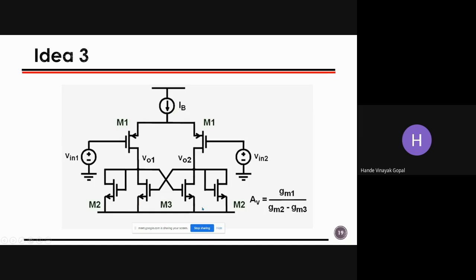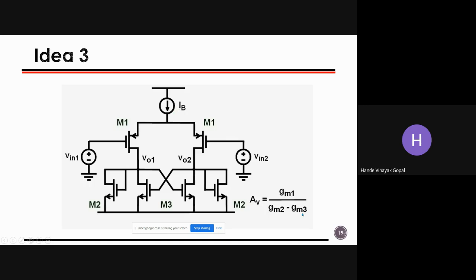If you see transistors 2 and 3, all the top 4 transistors, the VGS is the same, the VDS is the same. If I make the W's or areas also the same, then everything is the same for them, so matching the gm's is very, very easy. So principally speaking, you should get the open loop gain infinity, right?